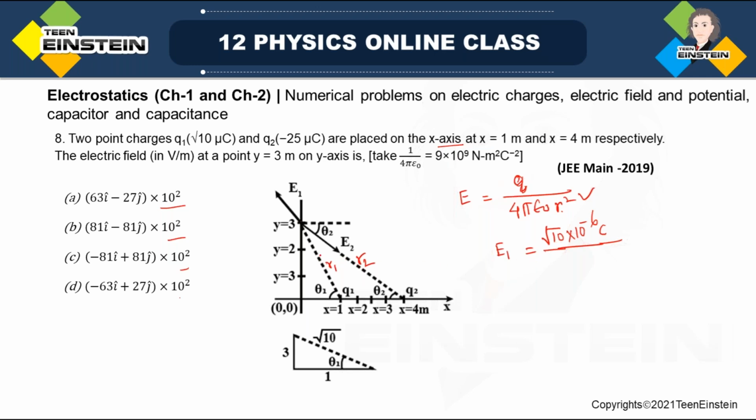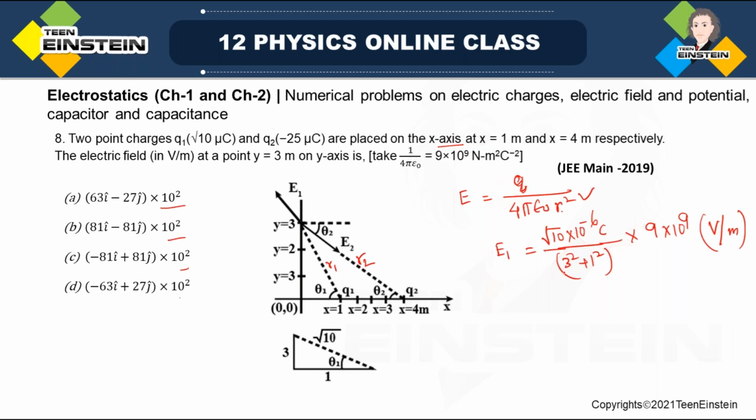What is r1? If I take this as a right angle triangle, this is 3 unit, this is 1 unit. So this will give you 3 square plus 1 square. And 1 by 4 pi epsilon naught you can take as 9 into 10 to the power 9, and this as a whole will give you volt per meter.